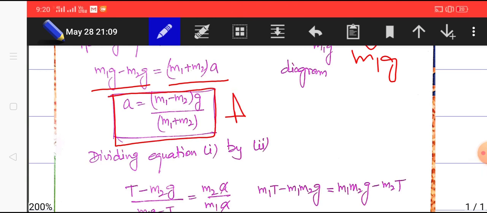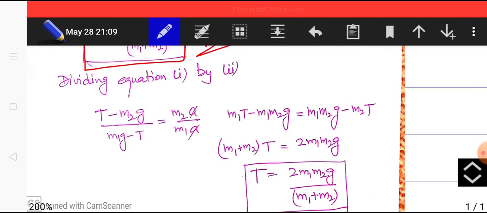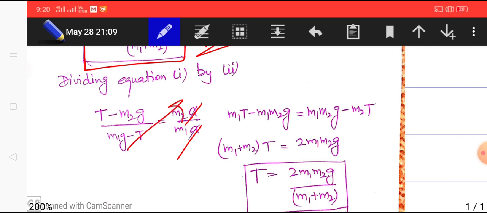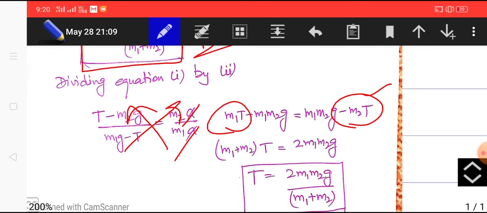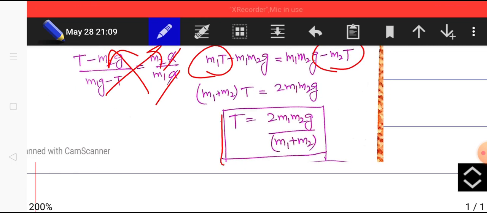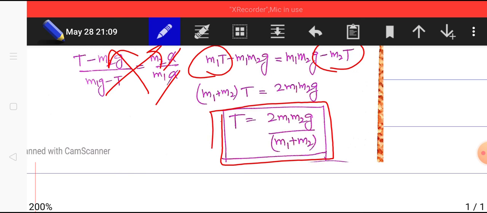So this is your formula of acceleration. If you divide equation 1 by 2, the variable a gets eliminated, and by cross multiplying, moving the terms with tension to the left hand side and taking all the other terms to the right hand side, we can derive the formula of tension. T is equal to 2 m1 m2 g divided by (m1 plus m2).